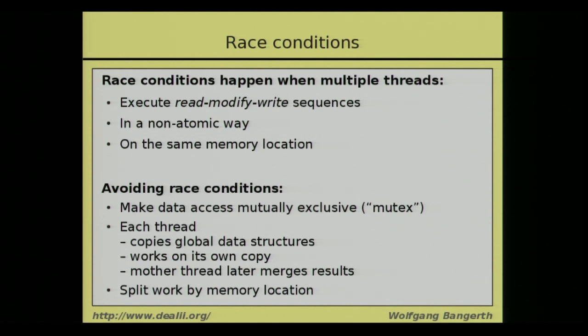One would be you make the operations atomic. That means whenever you read, add, and write, you cannot allow another processor to read, modify, write at the same time. So the access to this piece of memory needs to be mutually exclusive.